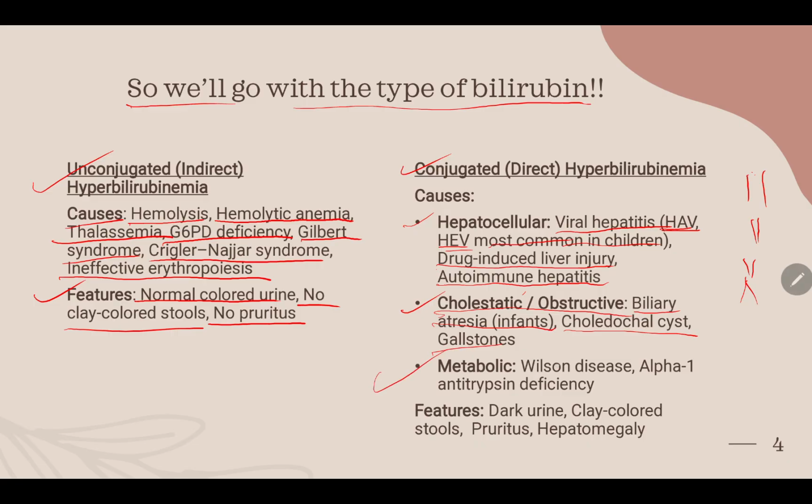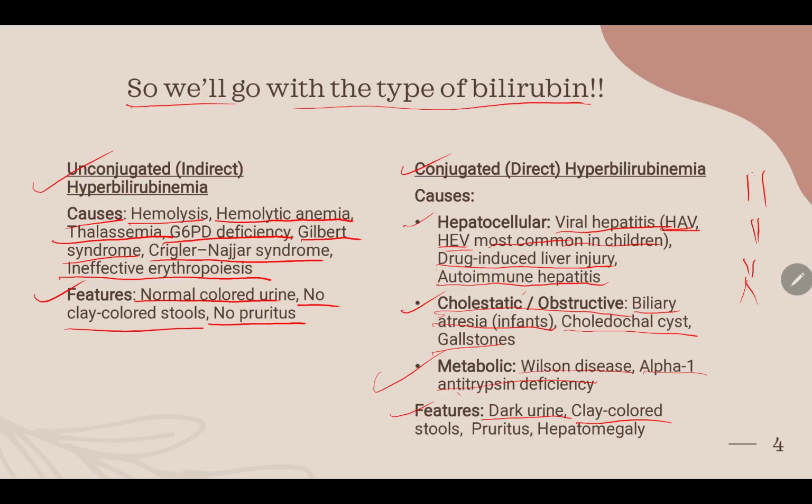Then we have metabolic causes. So we have Wilson's disease, that is copper accumulation. Then alpha 1 antitrypsin deficiency, which is also present in emphysema. Then the features of conjugated hyperbilirubinemia are dark urine, clay-colored stools, pruritus and hepatomegaly.